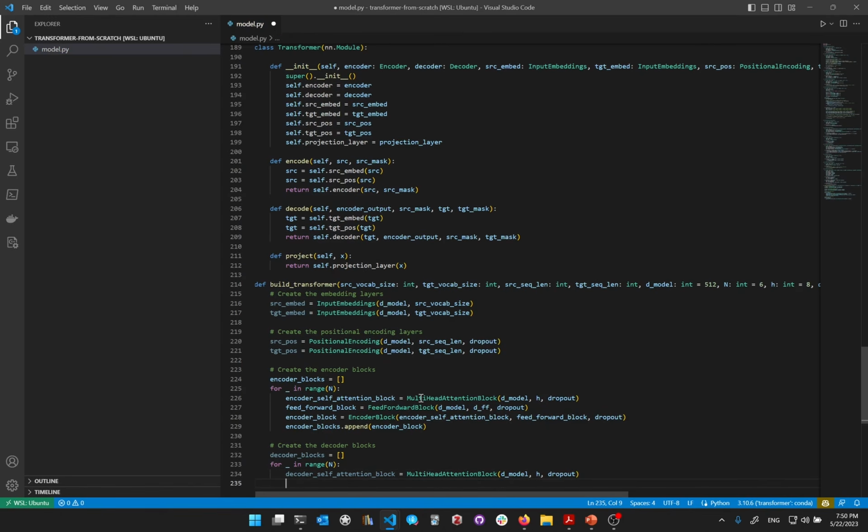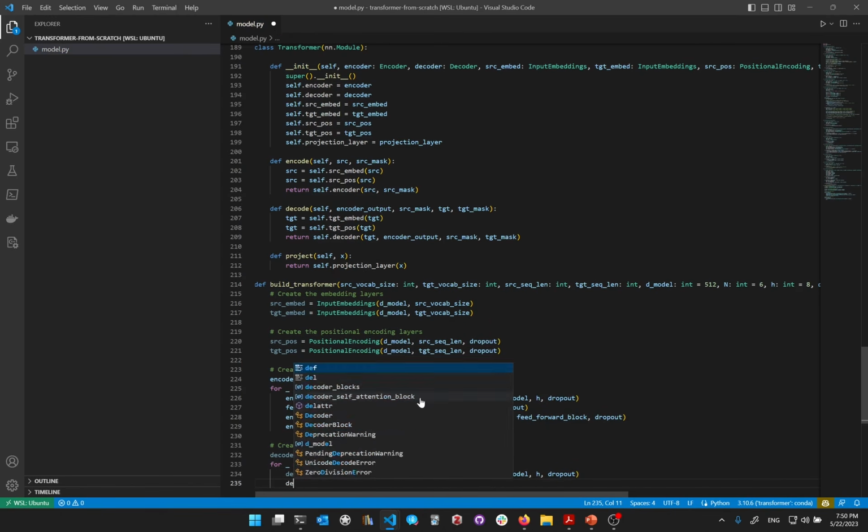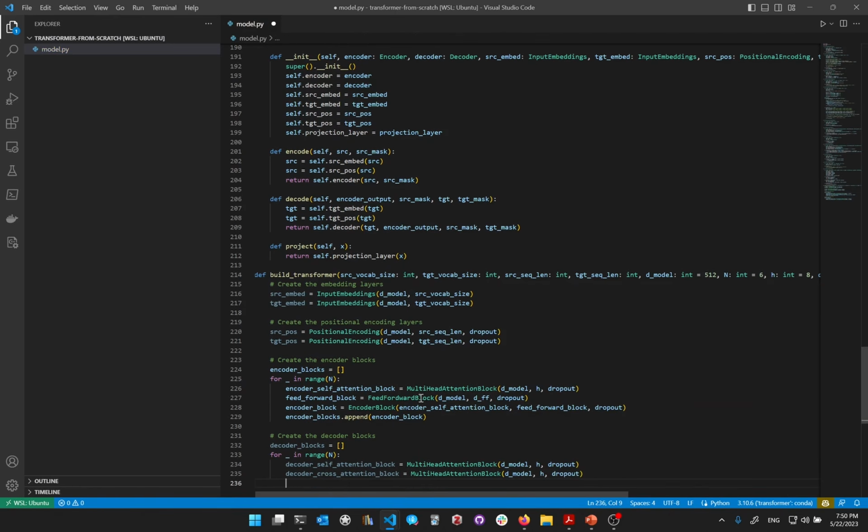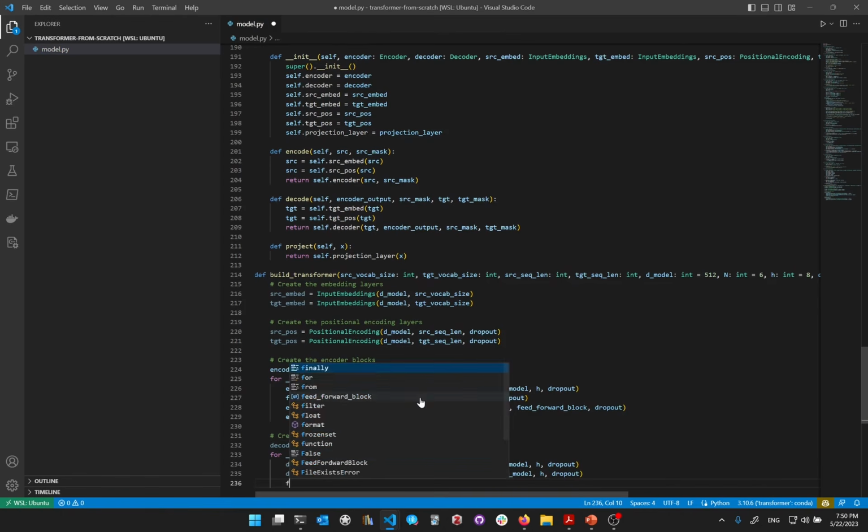We also have the cross attention for the decoder block. We also have the feed forward, just like the encoder.